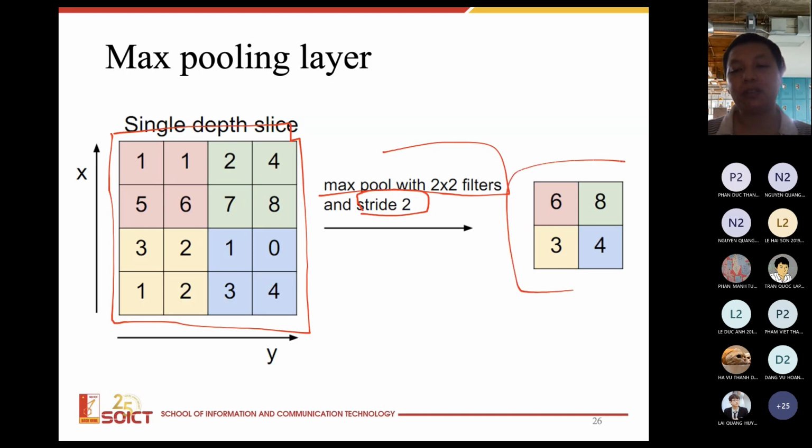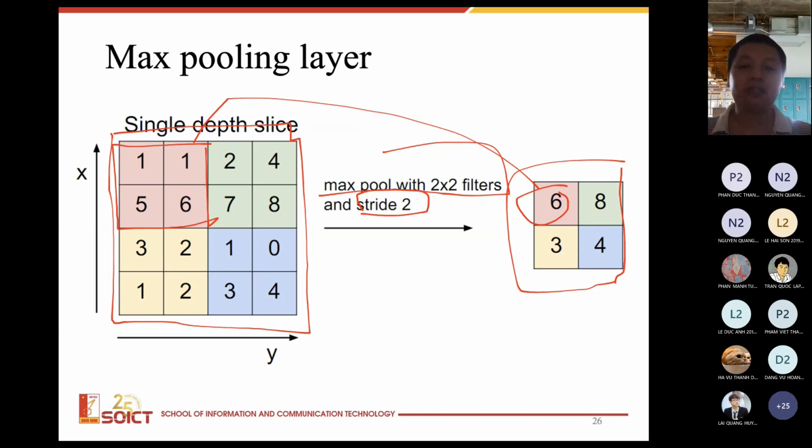In this case, the output has the size of 2 by 2, half of the input. And you see each element of the output corresponds to the max element of the corresponding input.